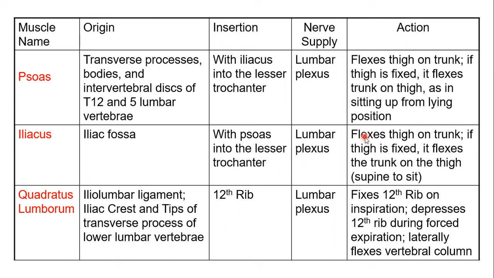So again, your psoas and iliacus muscles are active during hip flexion, and if the thigh is fixed during a supine or lying position, when you ask the patient to sit up, it also activates your psoas and your iliacus muscle. When you add your iliacus and the psoas muscle, we call it your iliopsoas muscle.